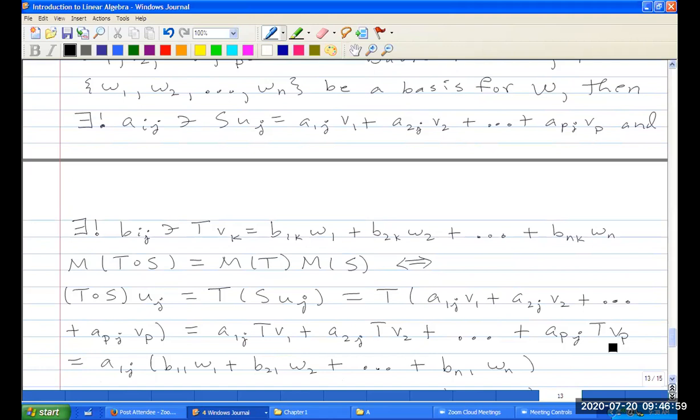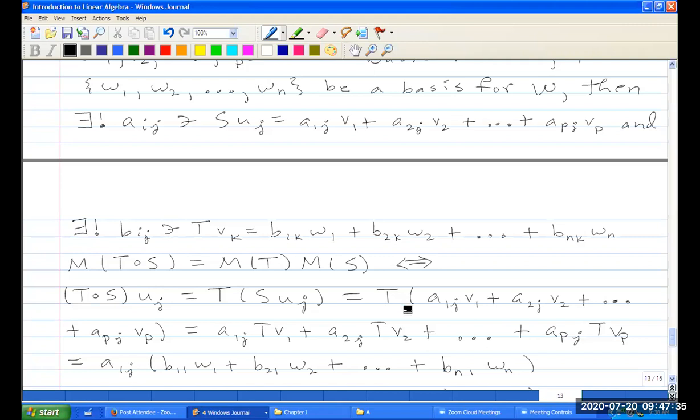So if I want the matrix of T composed with S to be the matrix T times the matrix S, then I must have the following. T composed with S at Uj is T of S Uj, but S Uj is just A1j V1 plus dot dot dot A Pj VP.